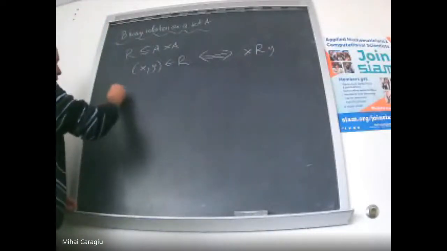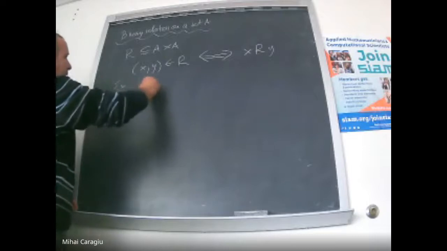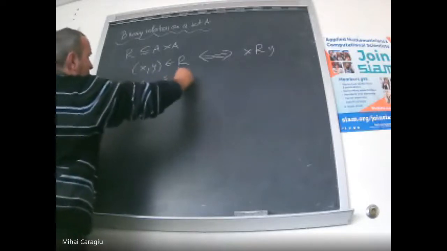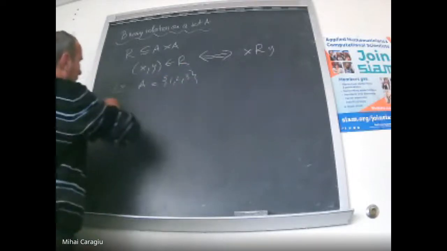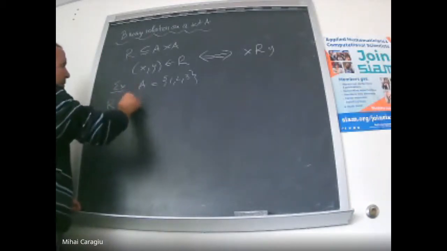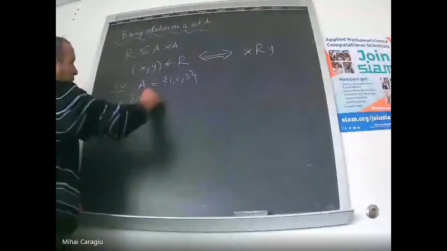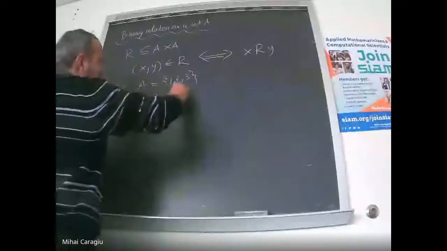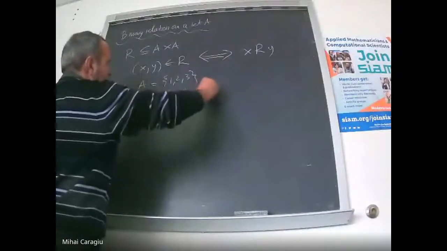Let's take an example. A is the set {1, 2, 3}, and let's say the binary relation R is {(1, 2), (1, 3), (3, 3)}.